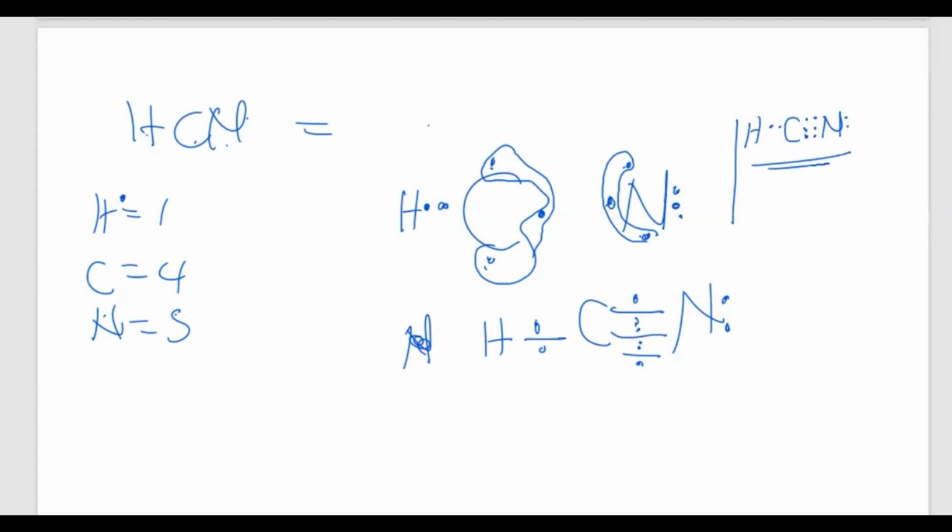So the structure is going to look like that. In other words, the actual structure looks like that. You understand? Because sometimes they don't show that, but this is the real structure. So that's what they are looking for.